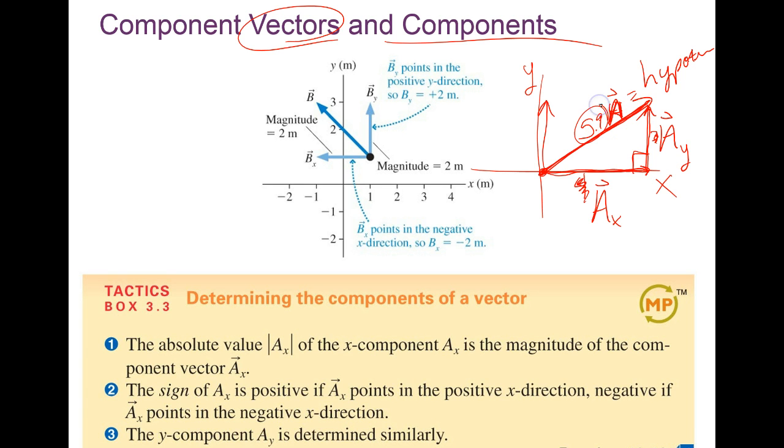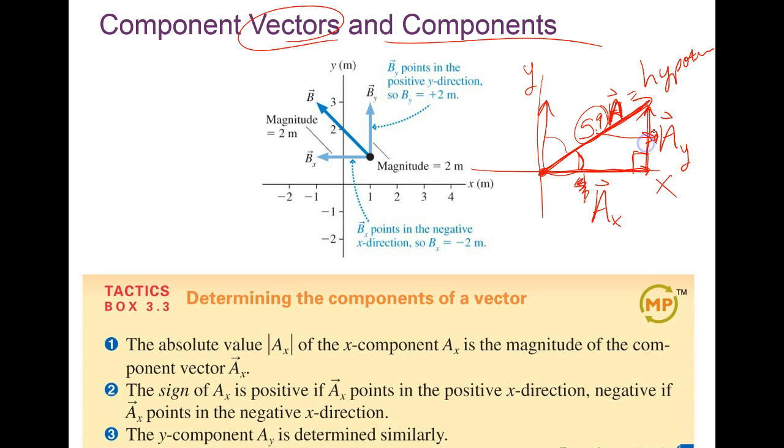Either they'll give you the length of the hypotenuse and the direction, which is very common for vectors. Say you're going 200 kilometers per hour at 12 degrees east of north. In this case, this looks a lot more like 30 degrees, 60 degrees east of north, or 30 north of east. And so whatever this angle measurement is, that's what you're going to use with sine, cosine, and tangent.